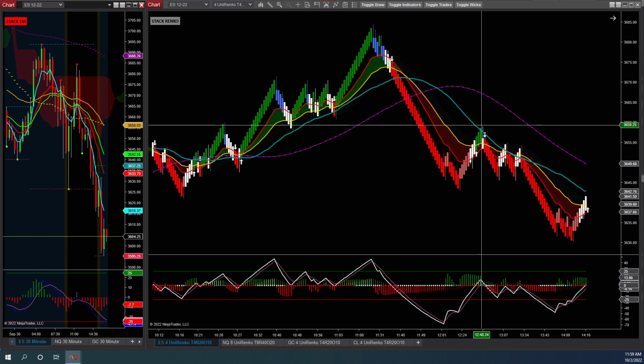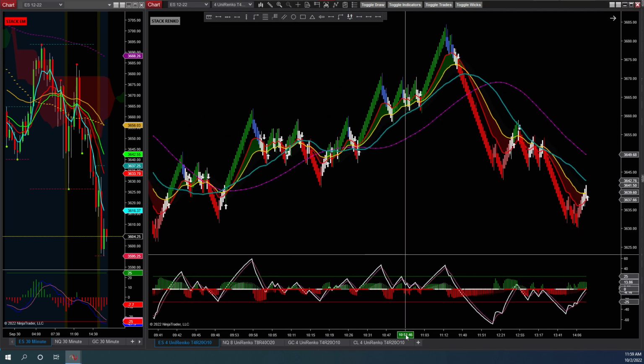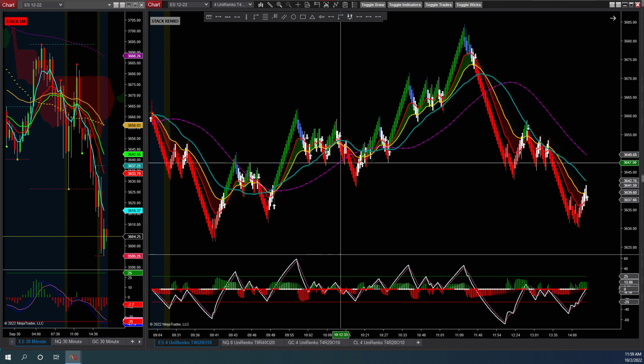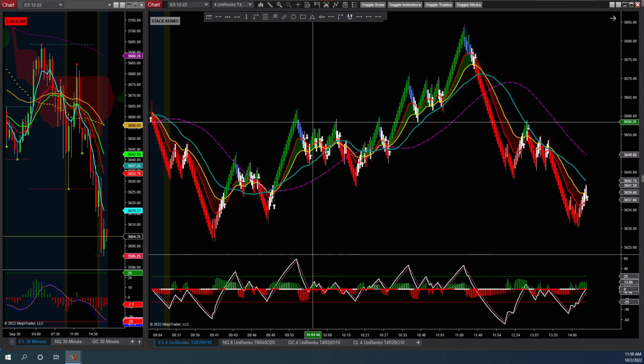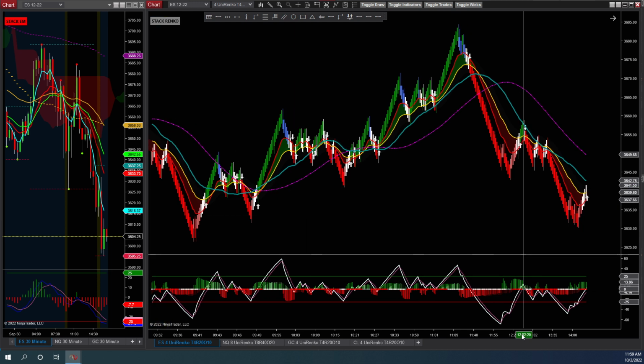You have a wick out of the 50 right there, so this one is a valid entry. Again, you have to look at the context, okay? And we are in an area that is very choppy during the day, so here it's kind of risky to take.